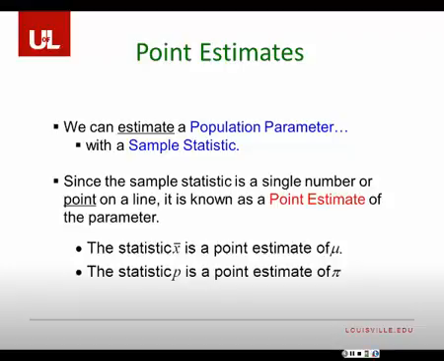Every time I pulled one, I was getting a different mean. All your sample statistics have a variance in and of themselves. They move around. Population parameters do not. The sample statistic x bar is the point estimate for mu, the population mean. The sample statistic p is the point estimate for pi, the population proportion.